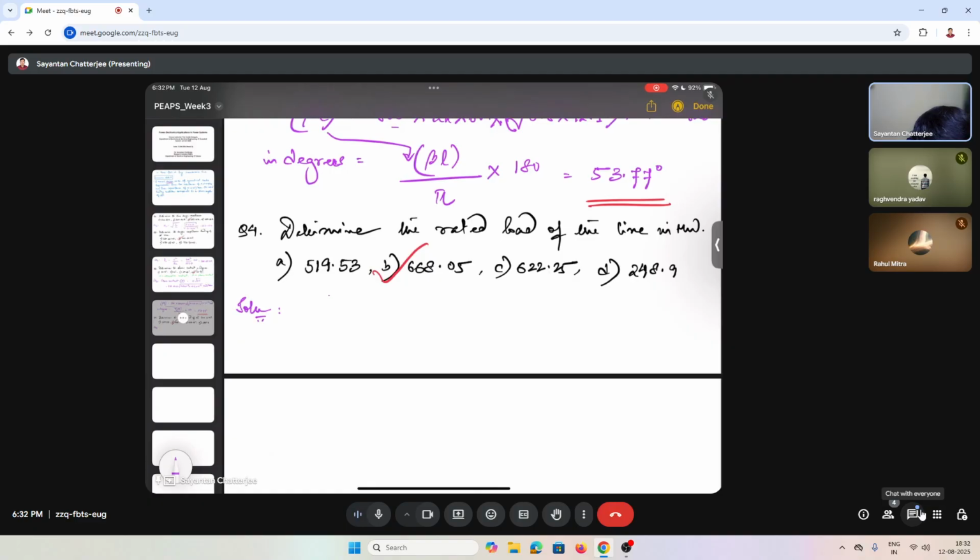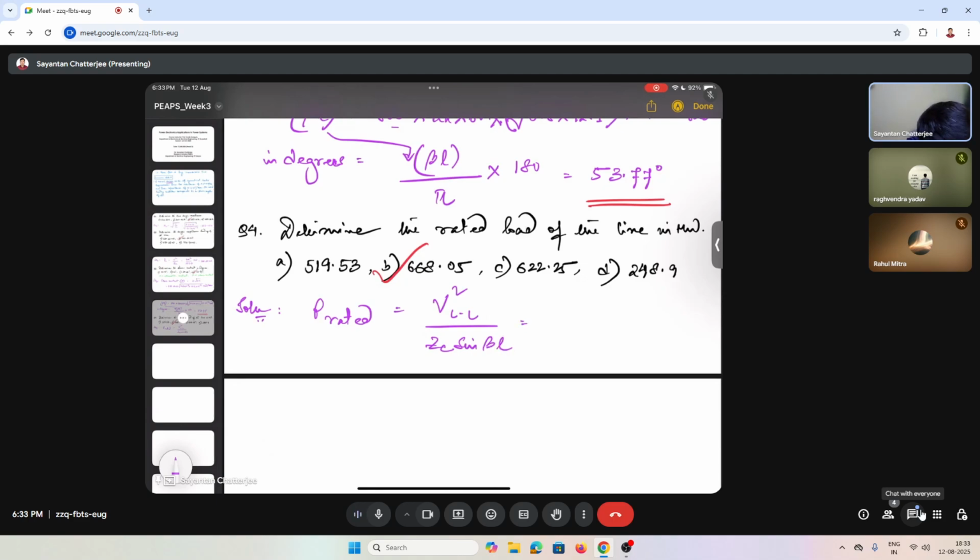Rated load of the line means active power in megawatts is required. So P rated can be given in terms of voltage. The line to line voltage is given by ZC sin beta.